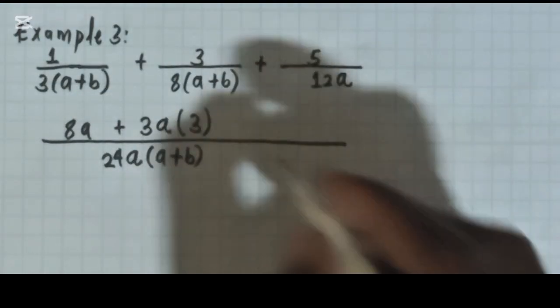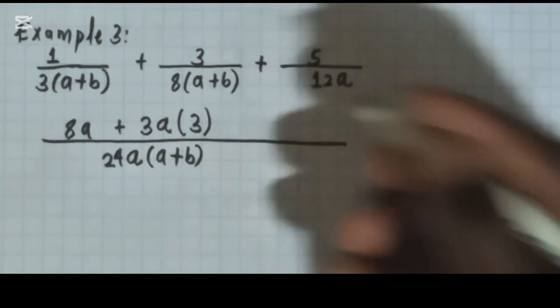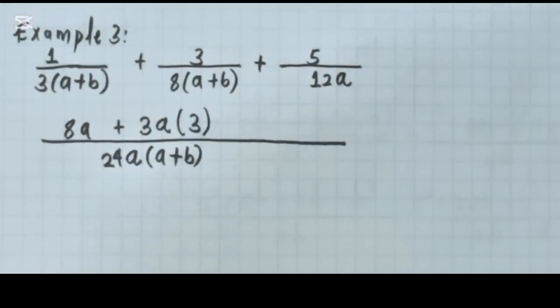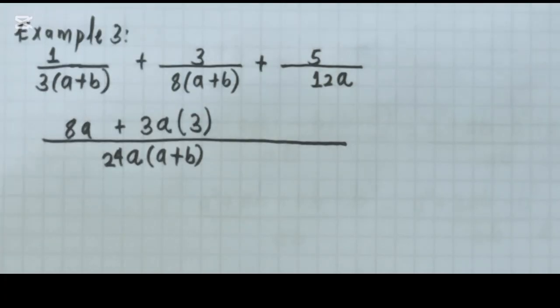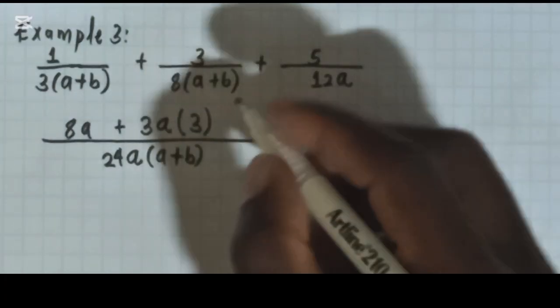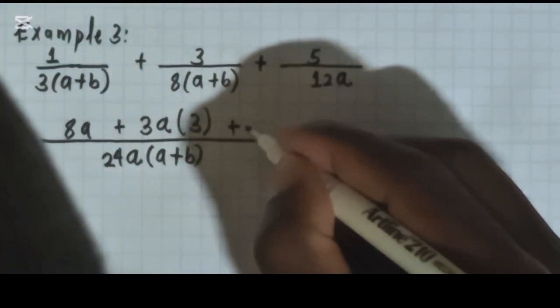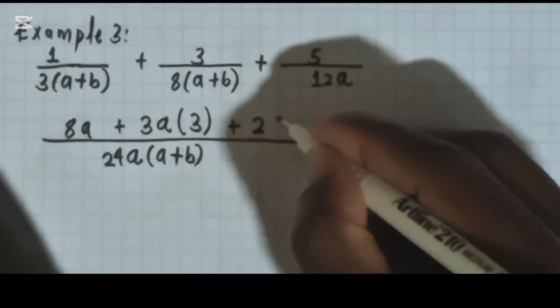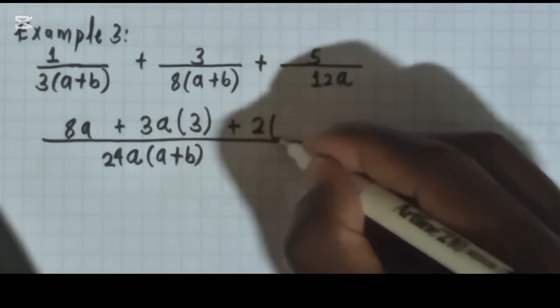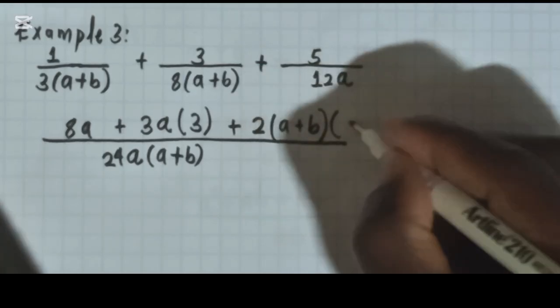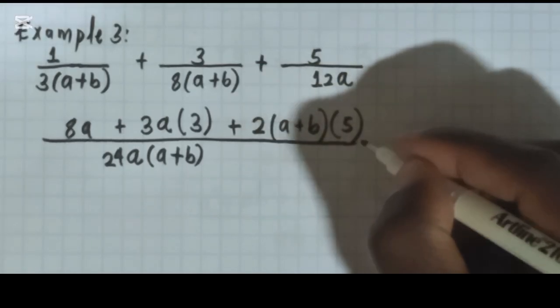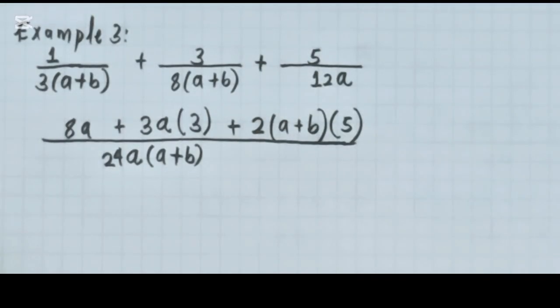So that will be 2 into a plus b, times 5. So we are going to have plus 2 into a plus b into 5, which is our numerator up there.